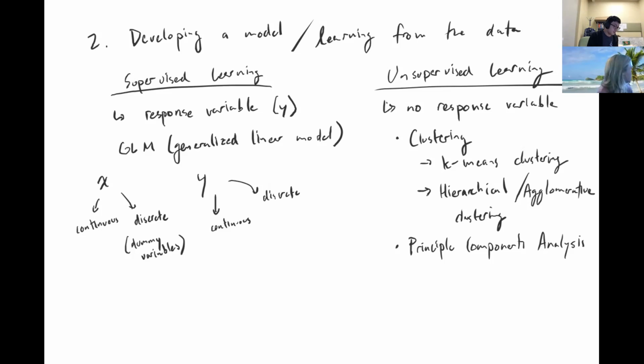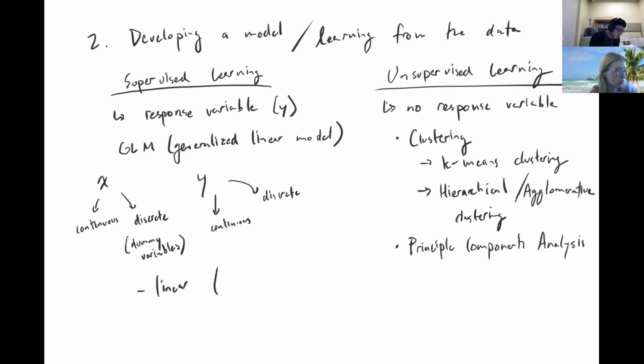And the way that the GLM describes handling different combinations of your X's and Y's has to do with the relationship between your X and your Y's. So the most basic one, right, is when you have linear.